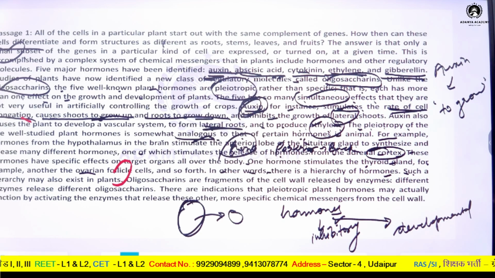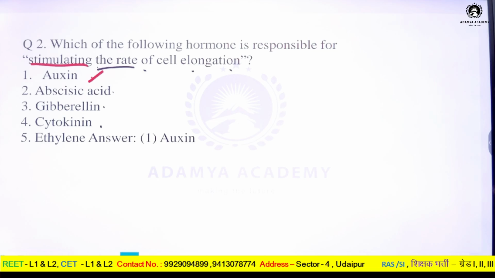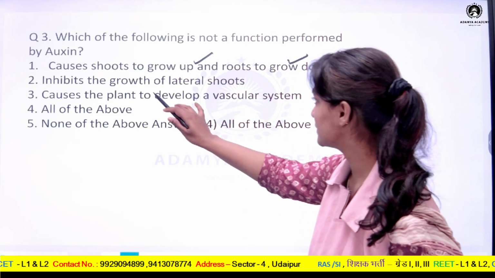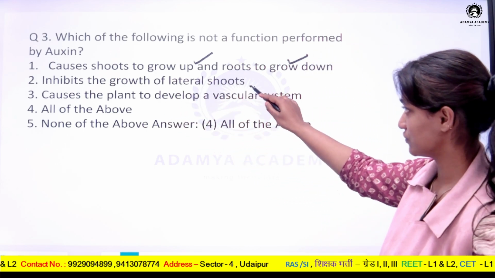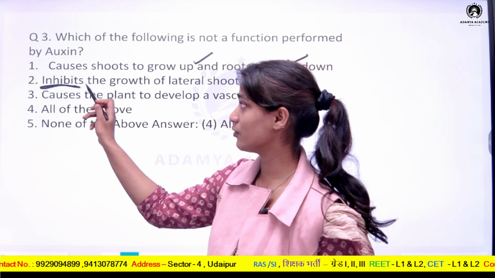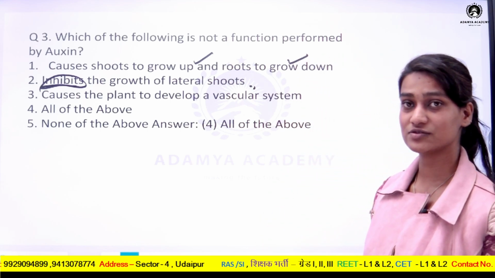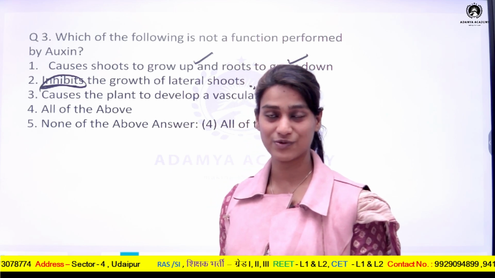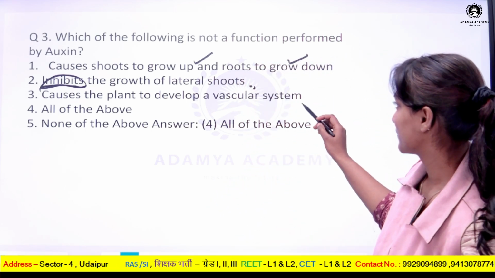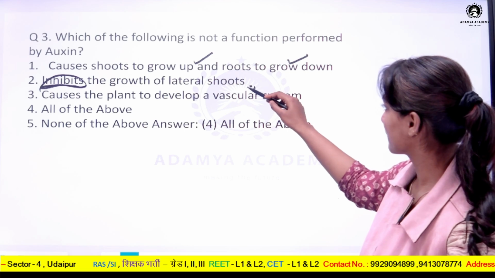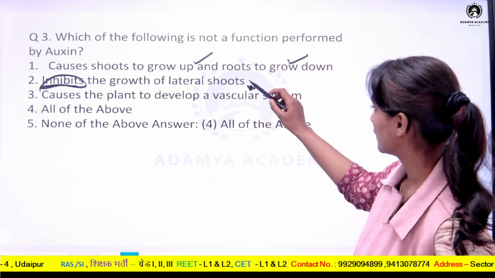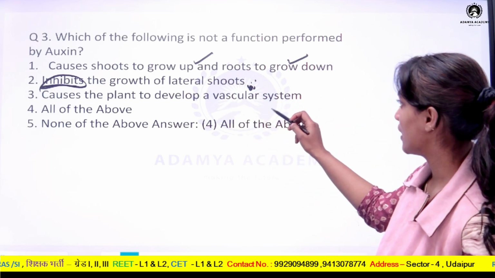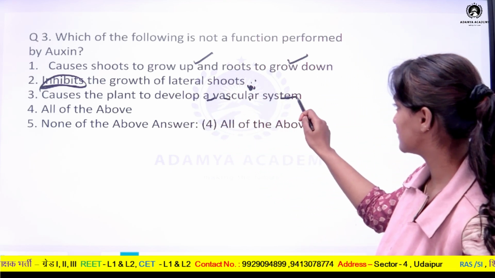So which statement does not contain this? Shoots to grow up and roots to grow down is correct. Inhibits the growth of lateral roots, shoots. Do you know what inhibit is? Inhibit means to restrict. Does auxin restrict the shoot to grow? No. Inhibits the growth of lateral shoots and causes the plant to develop a vascular system.